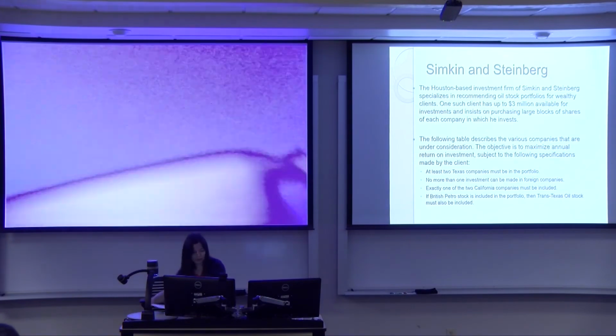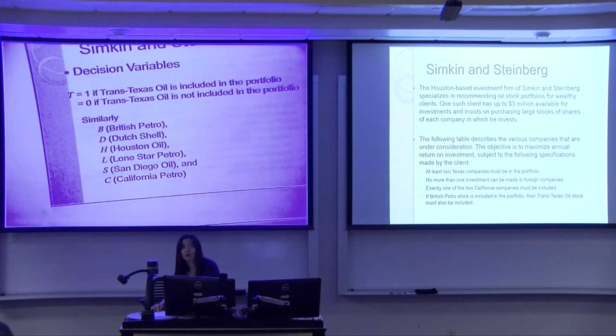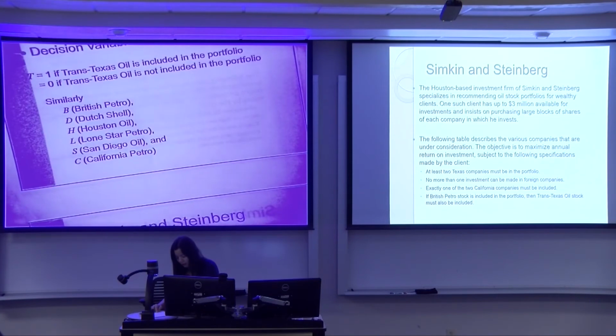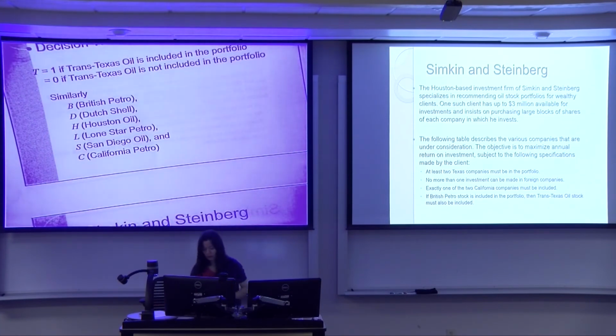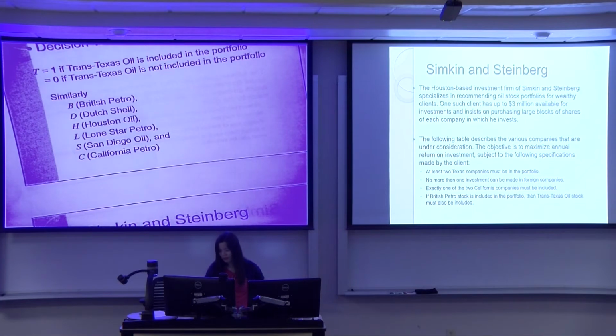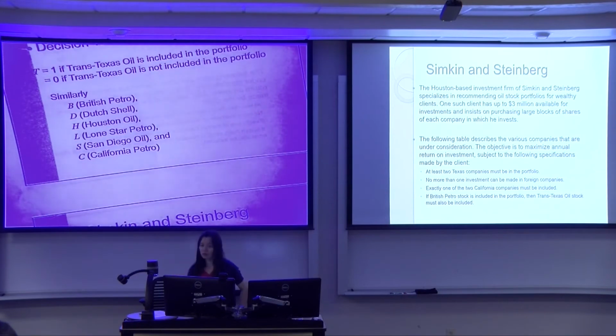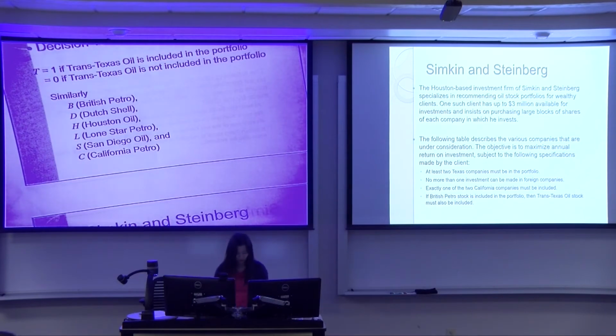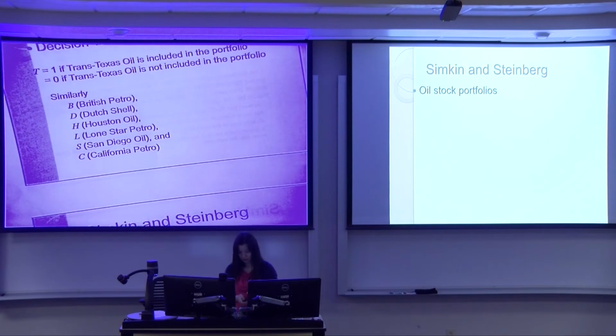So your decision variables would be these 7 different kinds of investment. And here I define the T, so basically I'm using the initial letter of each investment, okay?